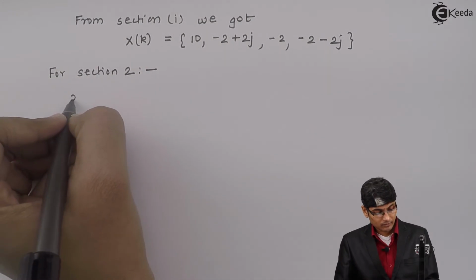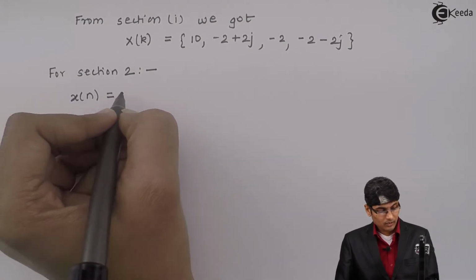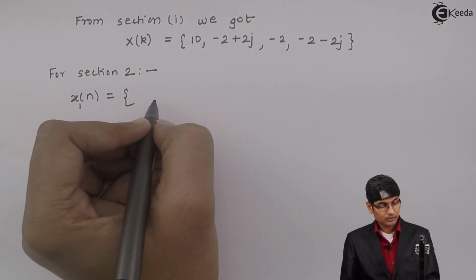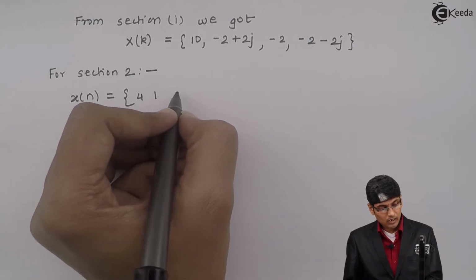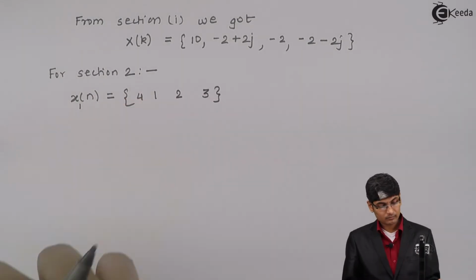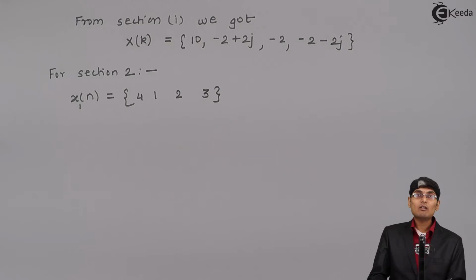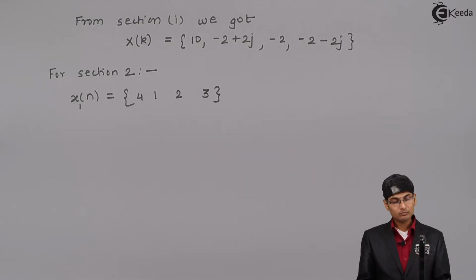Let us take the first sequence, x of n, x1 of n equals 4, 1, 2, 3. Whenever you are solving a property problem, the new given sequences should be brought in relation with the given x of n, whose X of k is known to us.